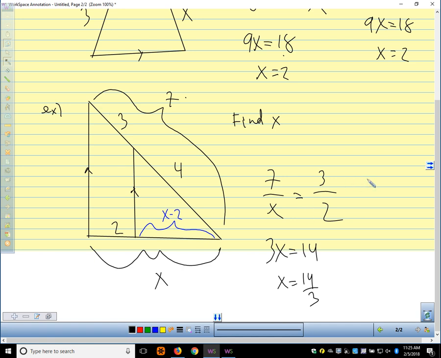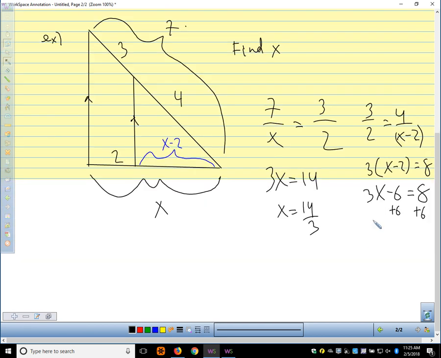I could say 3 over 2 equals 4 over x minus 2. And if I did it that way, I would get 3 times x minus 2 equals 8. Distribute here. 3x minus 6 equals 8. Add 6 to both sides. And I get 3x equals 14 again. So x equals 14/3. So as long as you keep your corresponding parts in the same parts of the fraction, you get the same answer.